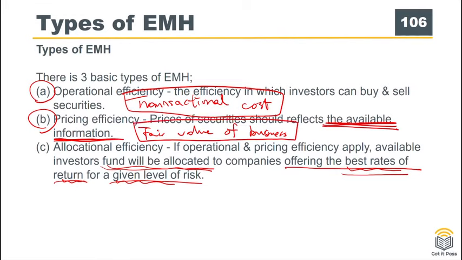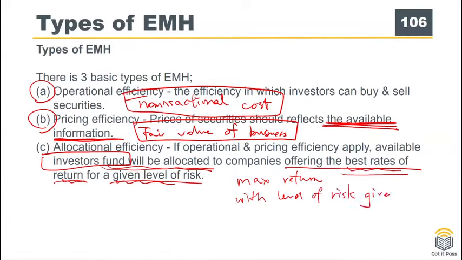And for allocational efficiency, it means the investors' funds can be allocated to maximize their wealth or return, with the level of risk given. Okay, so here are the three types of EMH.